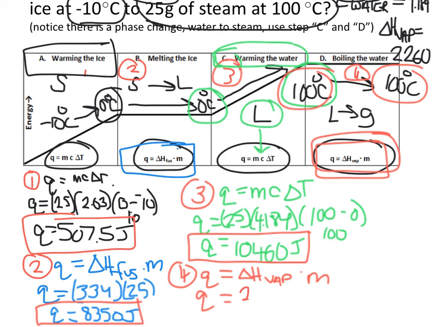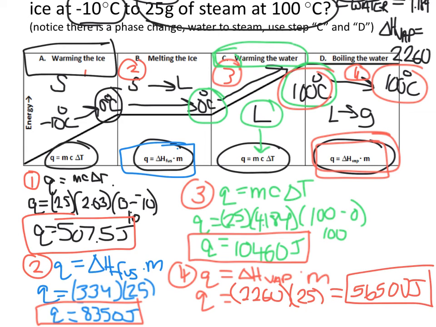That value is 2,260, and the mass of water has been the same throughout. It's been 25. So when you put that into your calculator, 2,260 times 25, you end up with 56,500 joules. Now that's another energy amount.